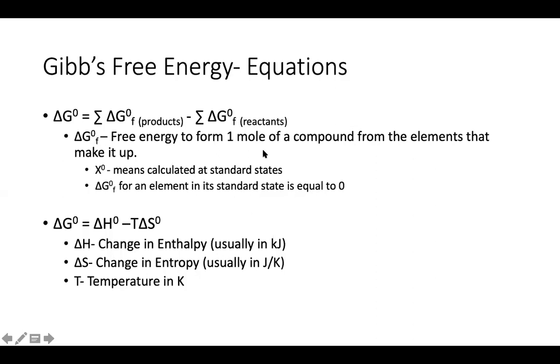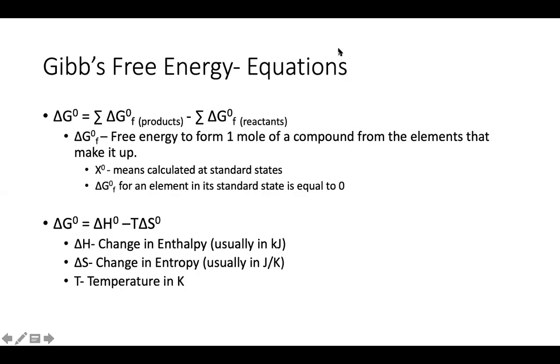These will be given in a table for you. Any element in its standard state will have a formation value equal to 0, and so if it's equal to 0, it's probably not going to be in the table. So again, if you feel like you're not given enough information in the table to solve for delta G this way, it's probably because that specific compound or element is in its standard state, thus its formation value is 0.